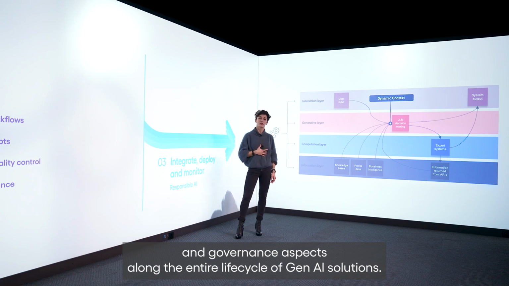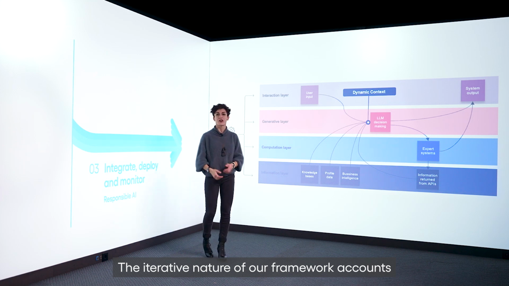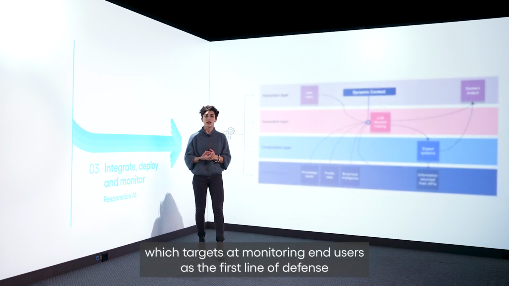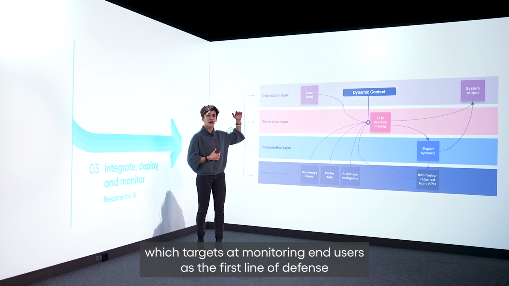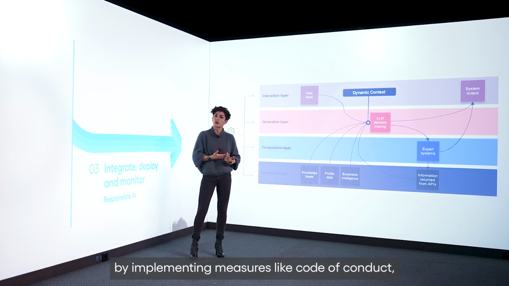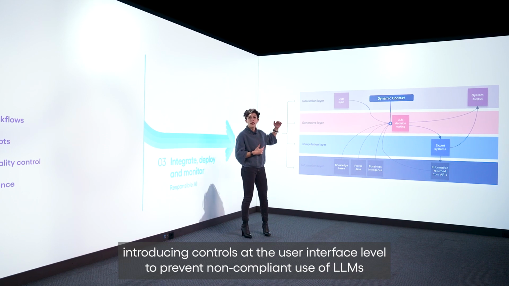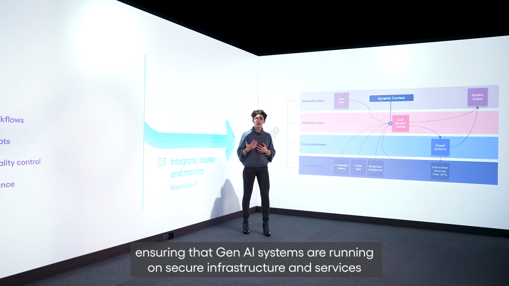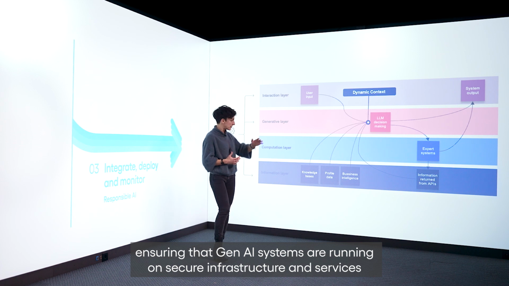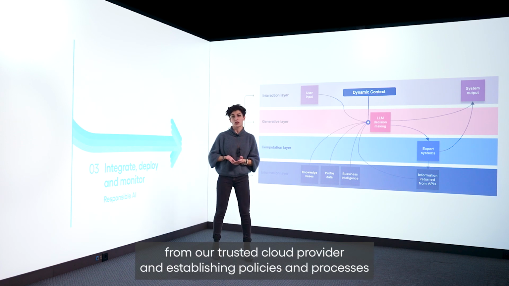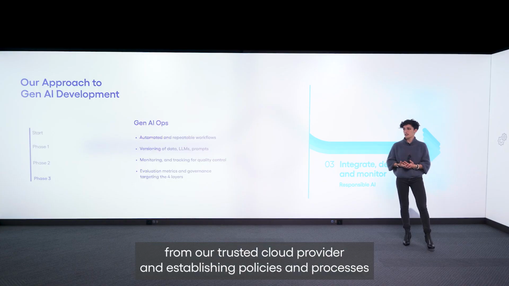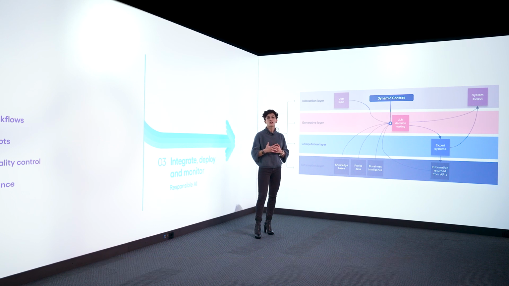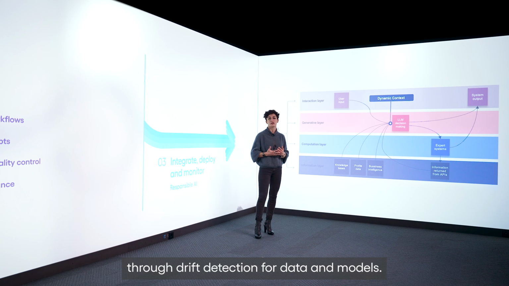The iterative nature of our framework accounts for governance, compliance, and responsibility, which targets at monitoring end user as a first line of defense by implementing measures like code of conduct, introducing control at the user interface level to prevent non-compliant use of LLMs, ensuring that GenAI systems are running on a secure infrastructure and services from our trusted cloud provider, and establishing policies and process to control design, development, and deployed through drift detection of data and models.